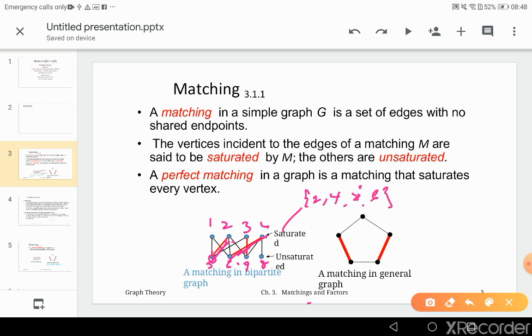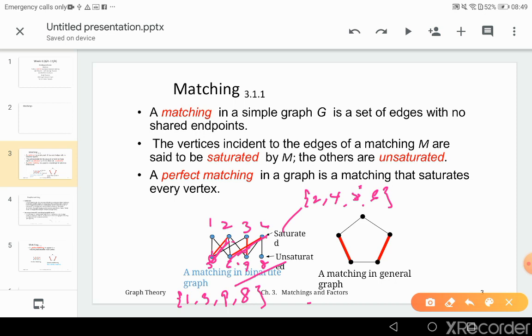This is saturated. The others that are not incident to the matching, we say they are unsaturated. So the unsaturated vertices are 1, 3, 7 and 8.